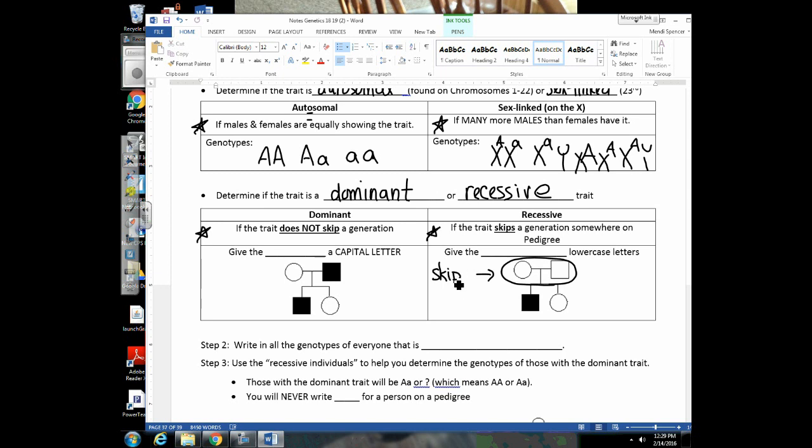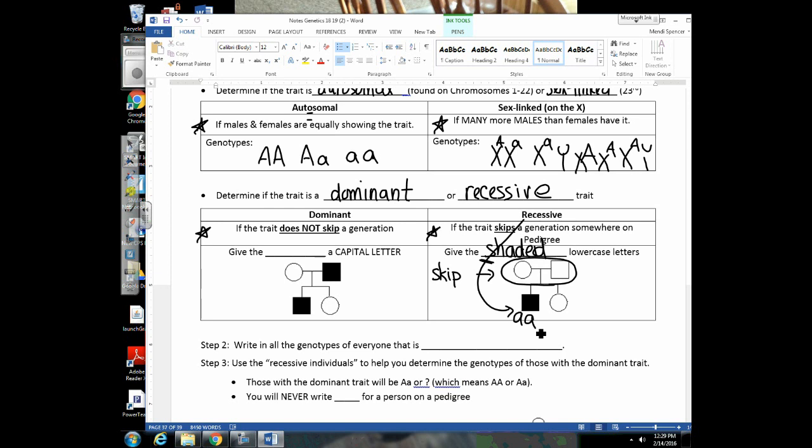Now, no matter if you're determining whether the trait is dominant or recessive, this tells you how to write the letters of the shaded individuals. If we've determined that this is a recessive trait, you need to give the shaded individuals the lowercase letters. So this individual would be homozygous recessive.